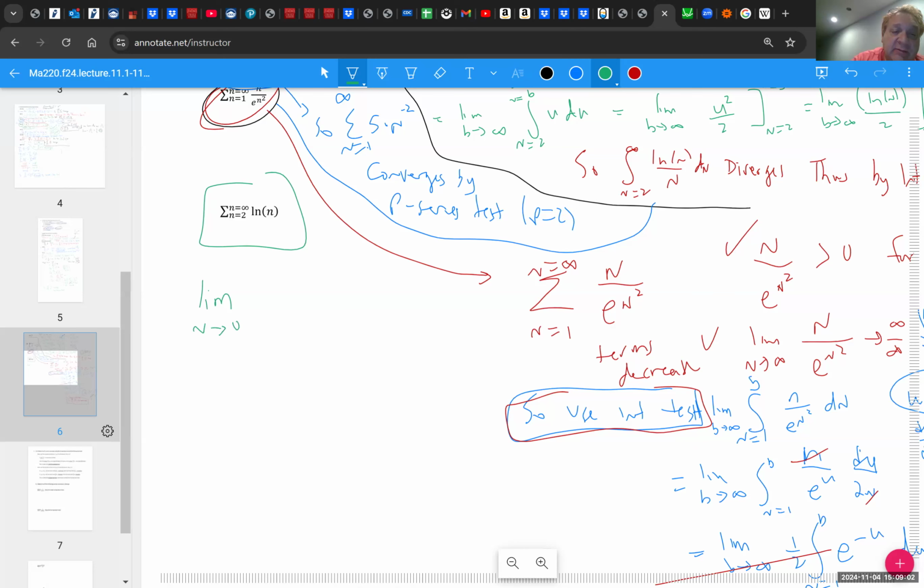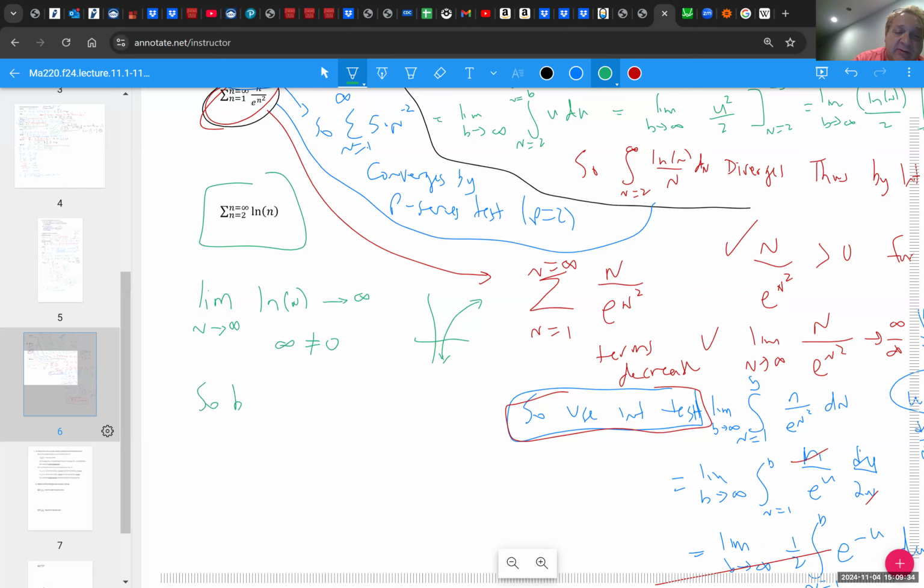You just take the limit of the sequence instead of the actual sum. You just look at the terms themselves, ln n. And if that's not equal to 0, you immediately know that the series diverges. That's called the divergence test. So ln n, as you remember, is an increasing function, right? So therefore, we know that as n goes to infinity, ln n tends to infinity. Infinity is not equal to 0.